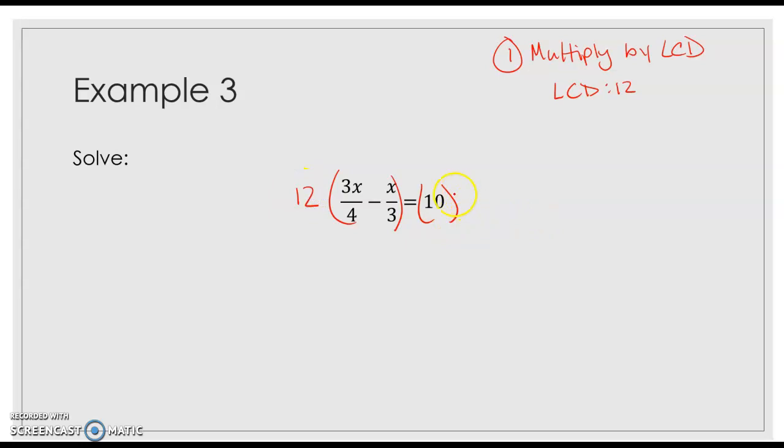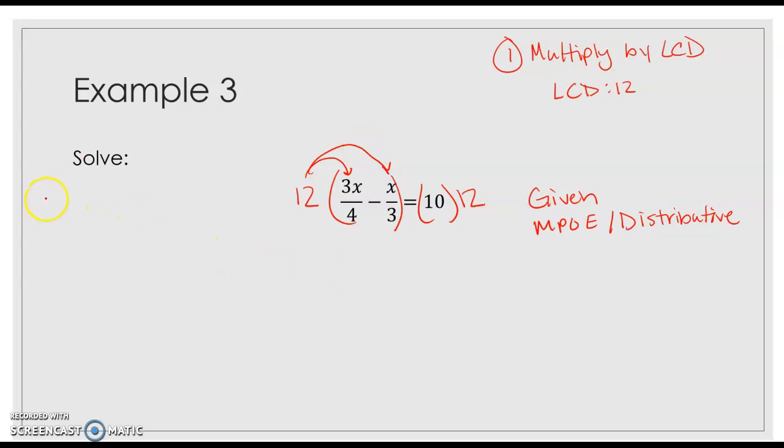Now, this first step is technically multiplication property of equality with some distributive property, because I'm going to multiply both sides equally, but then I'm going to distribute this 12 through this first set of parentheses.